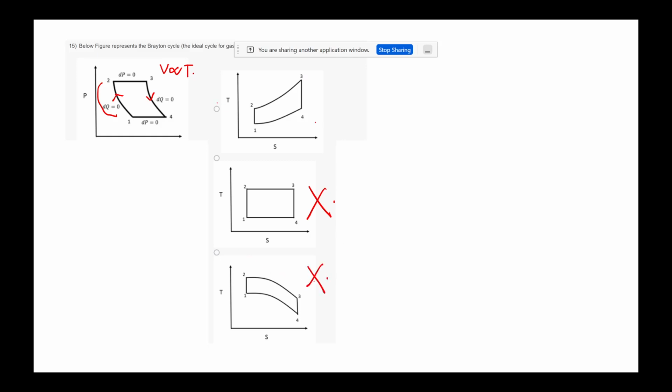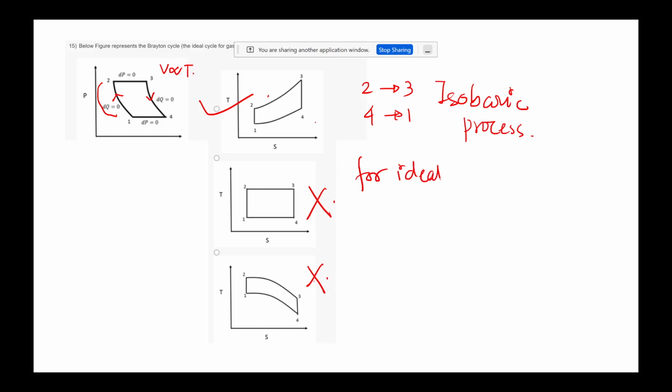So the first one. For 2-3 and 4-1 isobaric process, for an ideal gas V should be proportional to T. That's why option A.